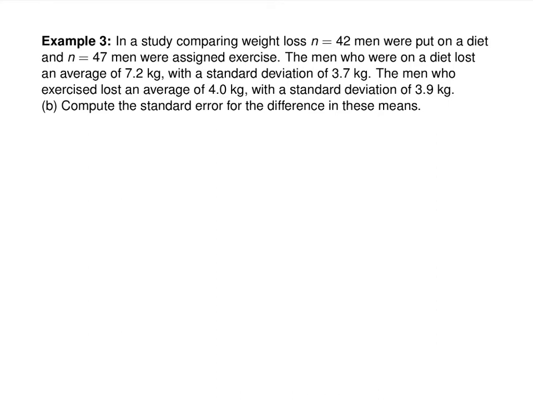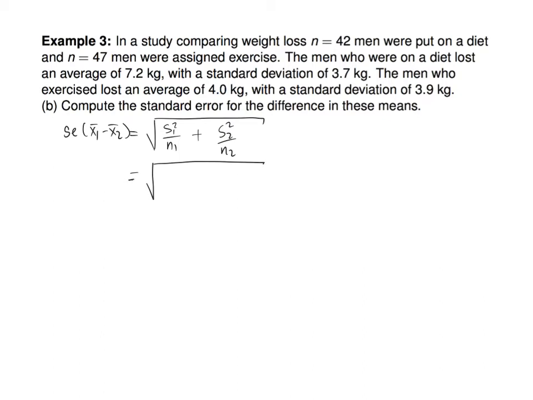Find the standard error. Well, the standard error of x1 bar minus x2 bar is equal to the square root of s1 squared over n1 plus s2 squared over n2. Okay, s1 is 3.7 squared over n1, which was 42.